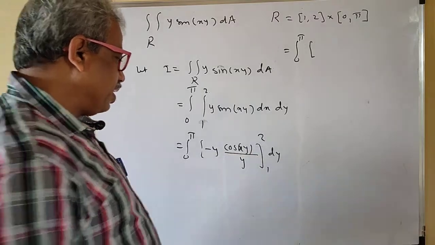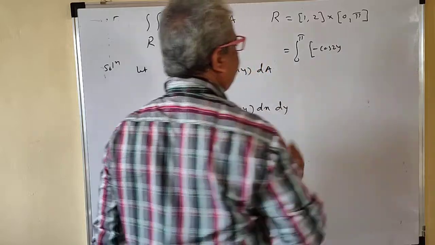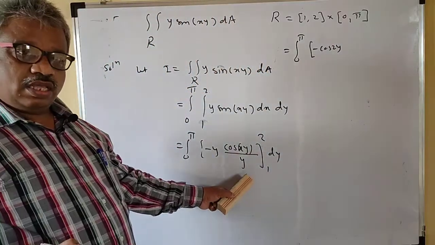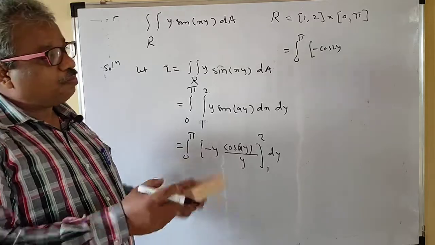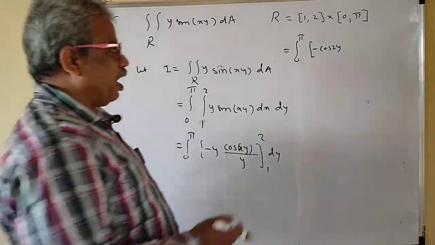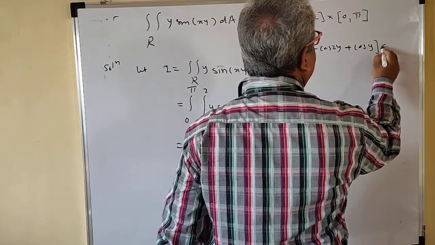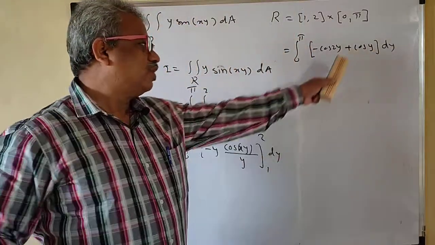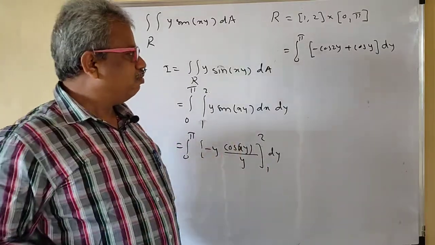So minus cos 2y, minus of minus cos y, so this becomes plus cos y, dy. Minus minus becomes plus.